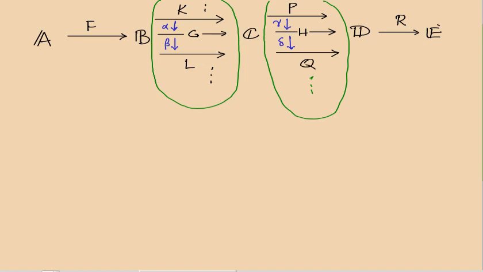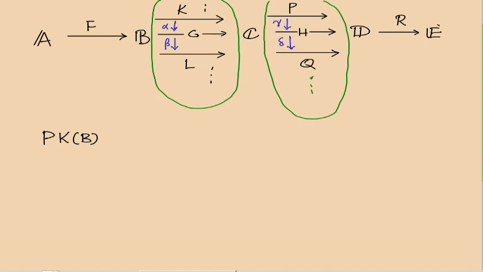Now, look, from P, K of B. Now, from KB, I can go to GB by alpha B. That's a natural transformation. Yes, by alpha.